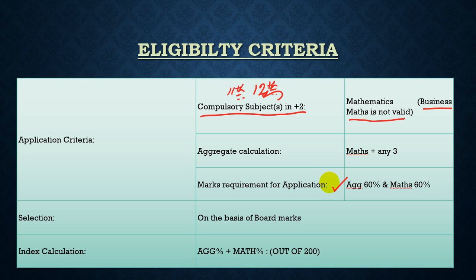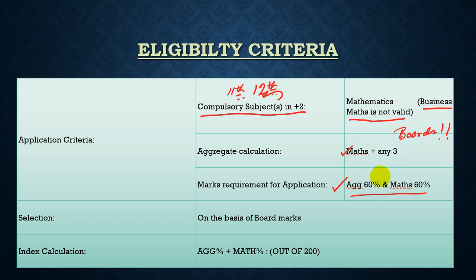Now, your aggregate will be calculated as mathematics plus the best of your 3 other subjects that you have scored in your boards. So in order to get into this course, you will need to have a very top-notch rank, as although it says aggregate 60%, many elite colleges, as we shall discuss further, prefer above 90 marks in both these criteria.